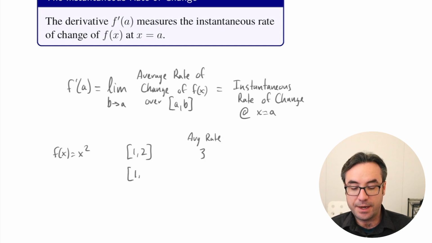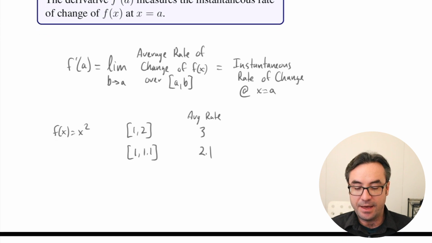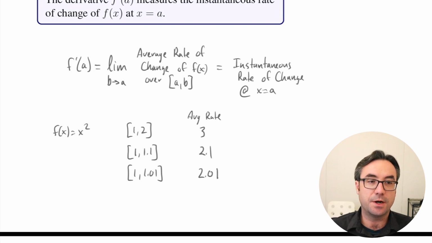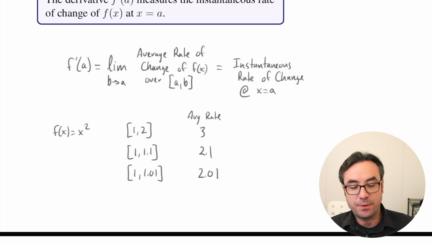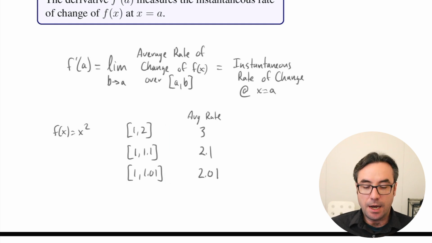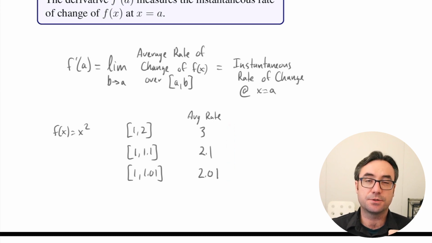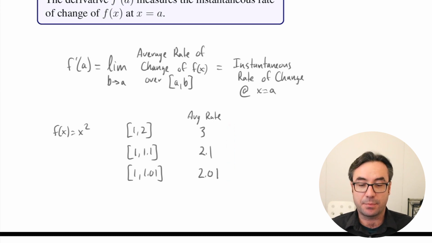Then over a smaller interval going from 1 to 1.1, we found the average rate of change was 2.1. And then over the interval from 1 to 1.01, we found the average rate of change was 2.01. And so if we were to keep these intervals shrinking, what we would see is that these values end up getting closer and closer to some specific number.